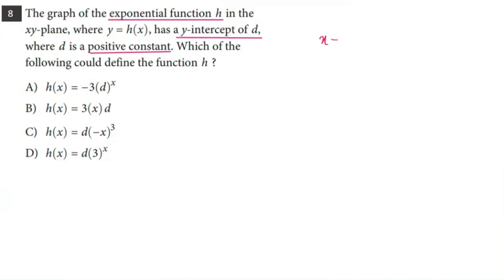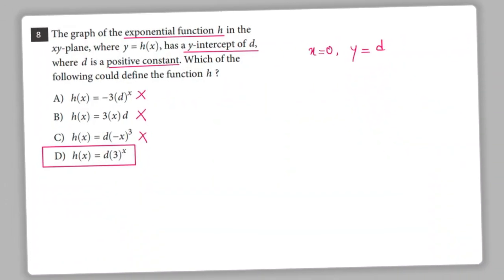If you put x equals 0 in the given graph, the value of y should be d. So if you put x equals 0, this doesn't give you d. This gives you 0. If you put x equals 0, 3 raised to power 0 is 1. So you get d. So d is the correct answer. You get it? Y-intercept means where x is 0.